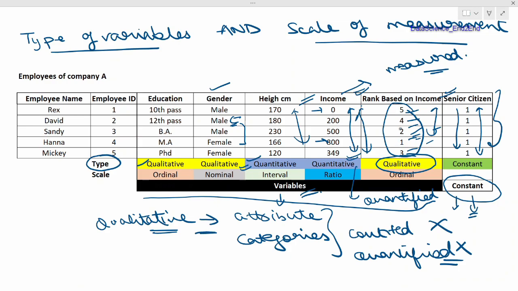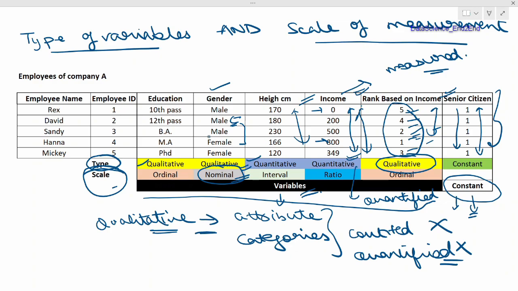If this is clear, then we can move to the second part of the video, which is called scale of measurement. First one is the nominal scale. Within qualitative variables, there is a scale of measurement which is called nominal scale. In case of nominal scale, you are just creating the categories.